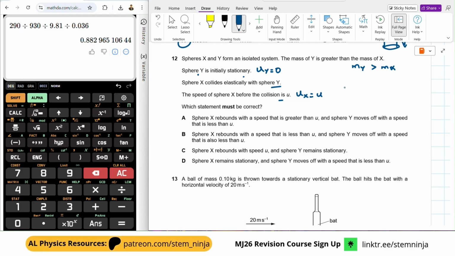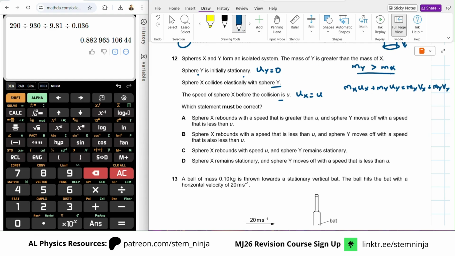Right, okay, so we can actually see this over here. We have mx ux plus my uy equals mx vx plus my vy.